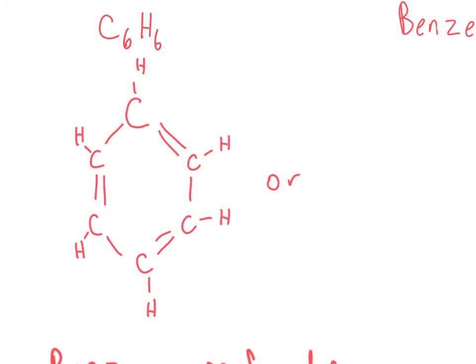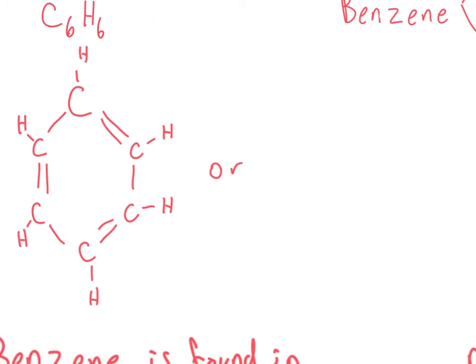You will not often see it written in this format. More often you will see it written in two different types of formats. In both of these formats, we don't even write in the carbons. The carbons are just shown by wherever we have two lines meeting. So this is one way that we would show it: we would have our ring like this and show our double bond like that.